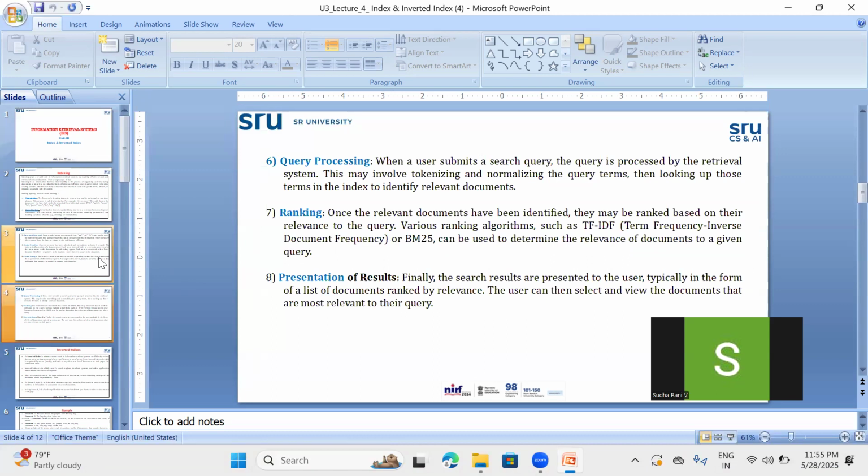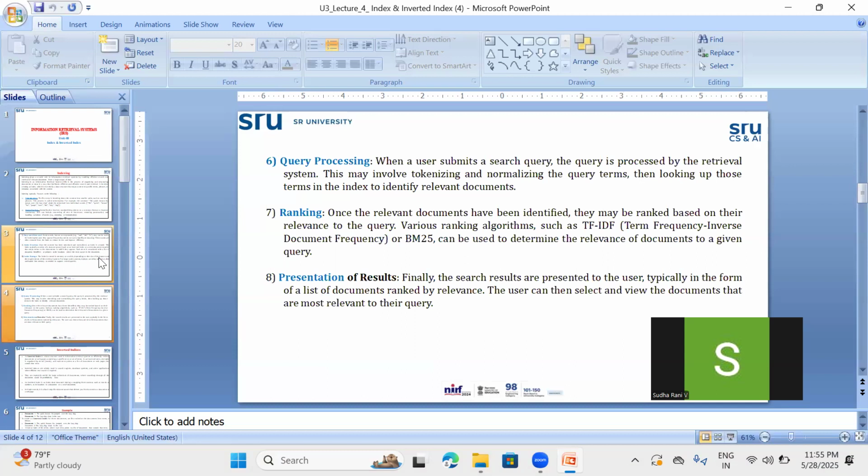Query processing. When a user submits a search query, the query is processed by the retrieval system. This may involve tokenizing and normalizing the query terms, then looking up those terms in the index to identify relevant documents.